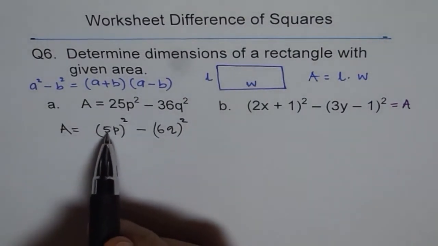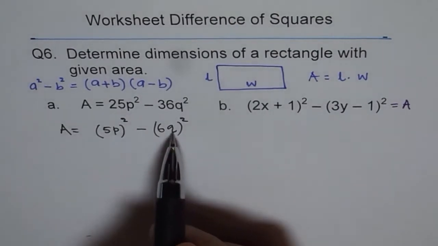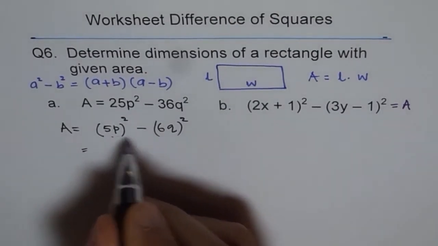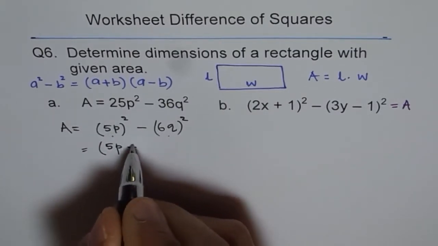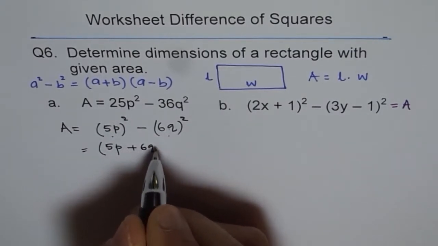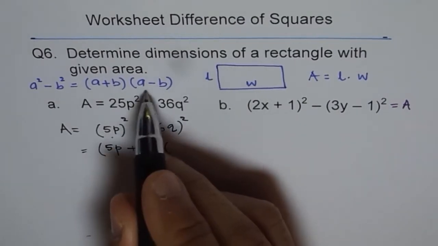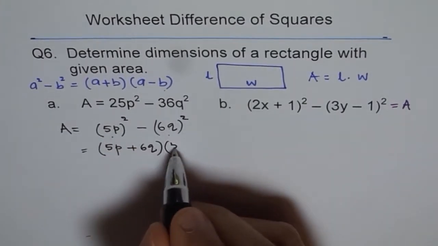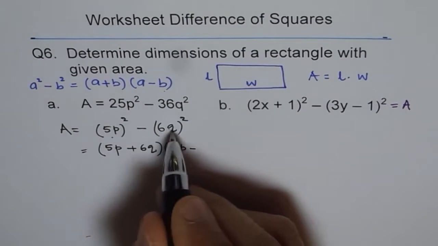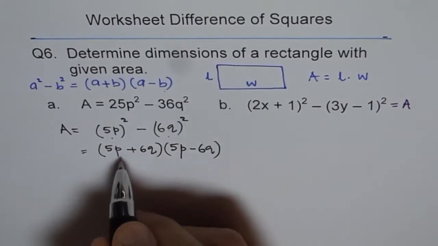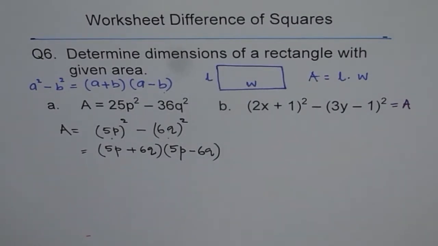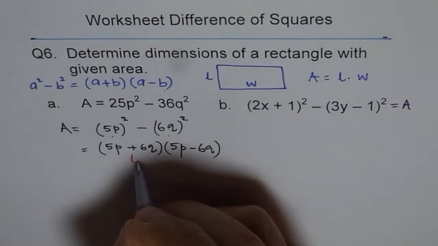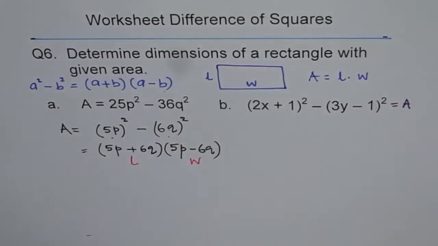So a is 5p and b is 6q. So what is a plus b? A plus b is 5p, which is a, plus b, which is 6q, times a minus b. A is 5p, let me write again, minus 6q. So that is the factored form of this difference of squares, correct? Now we can say, well, this is what we got, so this could be the length and this could be the width, or vice versa.